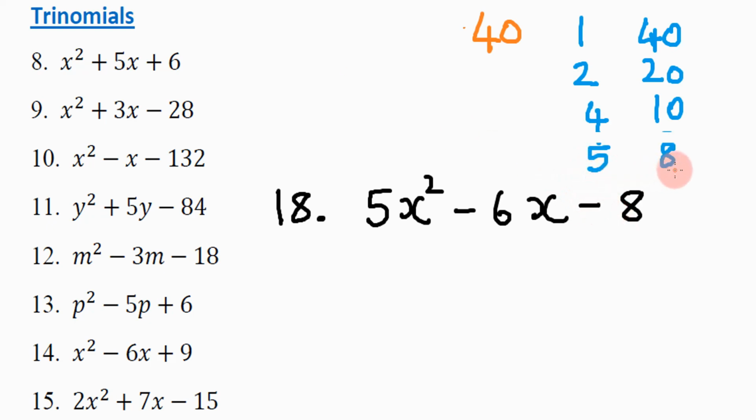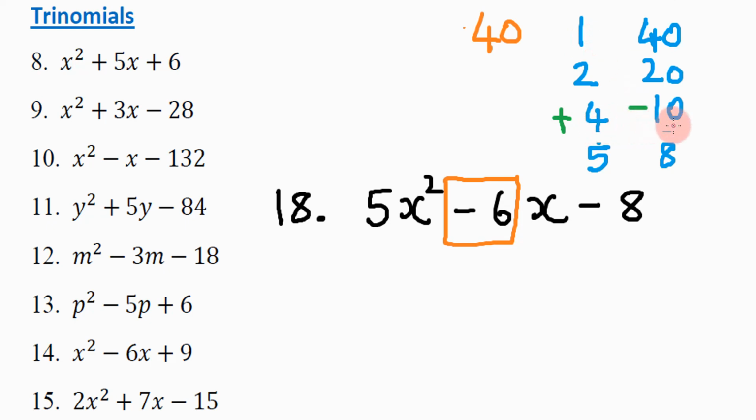So which set of factors, when we either add or subtract them, will give a middle term of negative 6? Of course, it's 4 and 10. So basically, if 10 is negative and 4 is positive, we will get negative 6. So plus 4 minus 10 is negative 6.